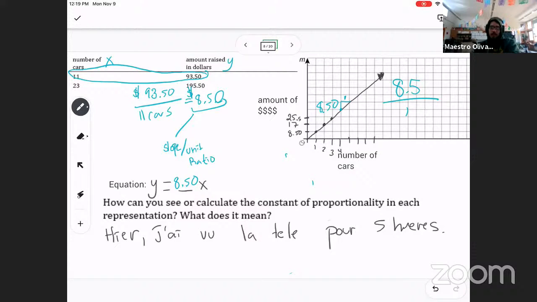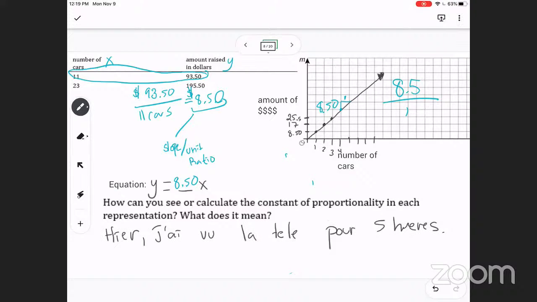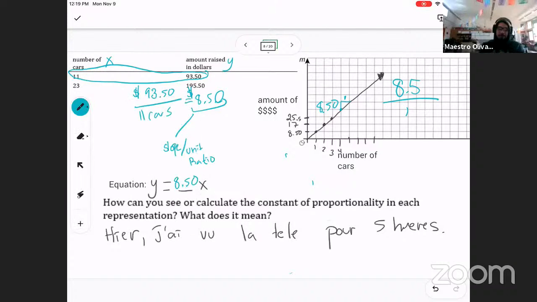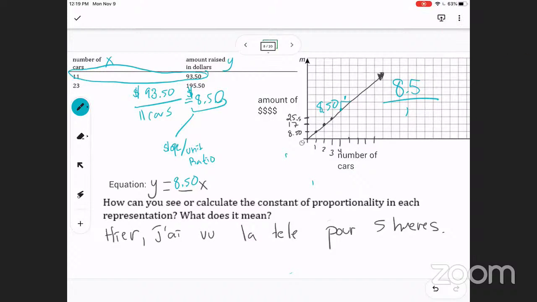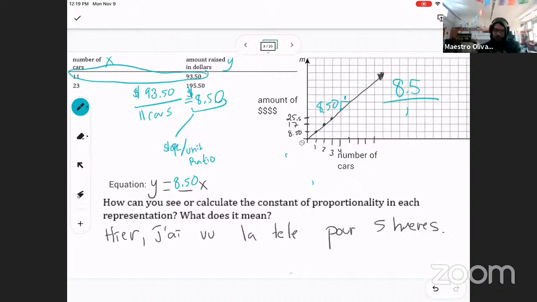Let's see, Surami, Michelle, Kathy, Jennifer, Emily, Elvis, and Avalon. Hier, j'ai vu la télé pour 5 heures. What does that mean? What are some words you know in there? Mande? Que prenden la tele. Yeah. So this means la tele, right? What else? What other words do you know?